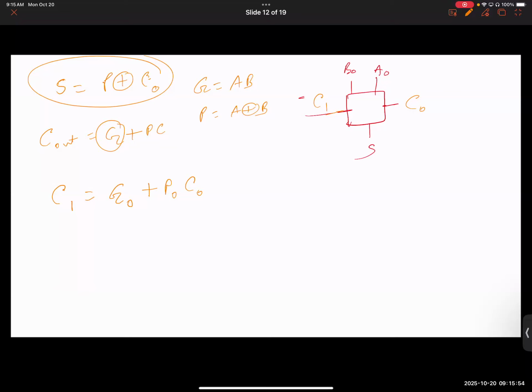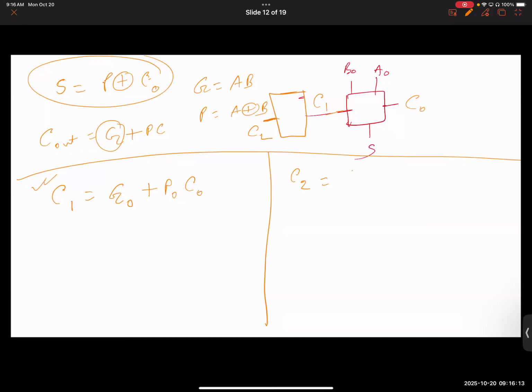Okay. All right. Now imagine you are driving another adder output, which is C2, like carry output, with the adder that we currently have. So how will that look? Let me just do it on the side. C2 will be, if you use the same formula here, G1 plus P1 C1. Can I write that?